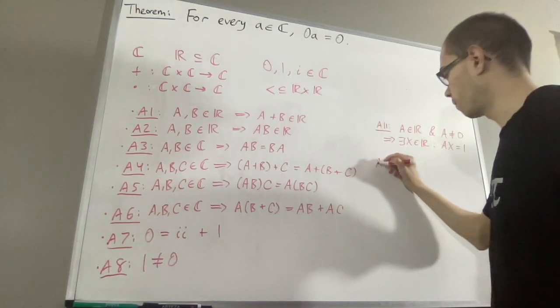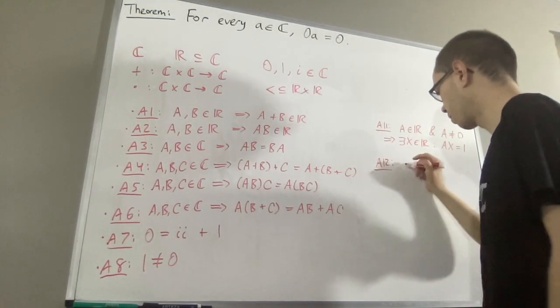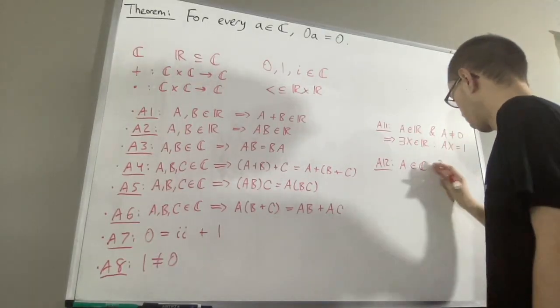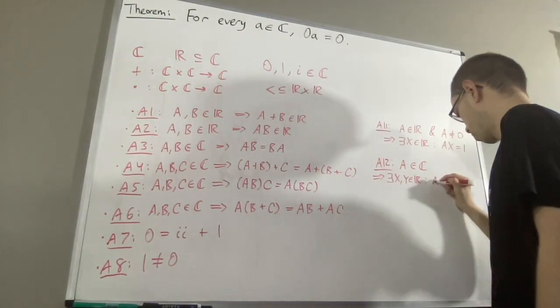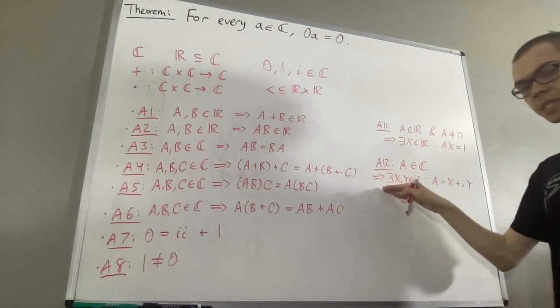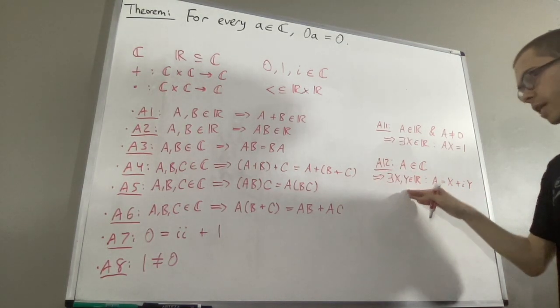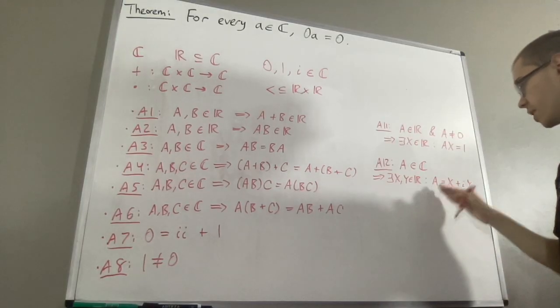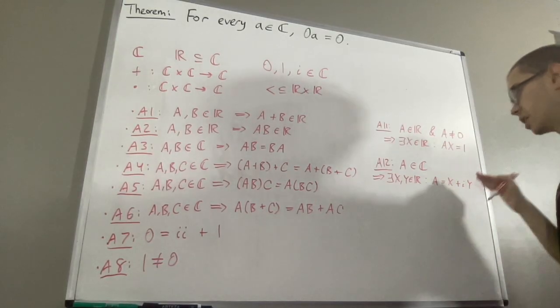Now axiom 12 tells us the following. Given any complex number a, there exists a pair of real numbers x and y such that a is equal to x plus i times y.